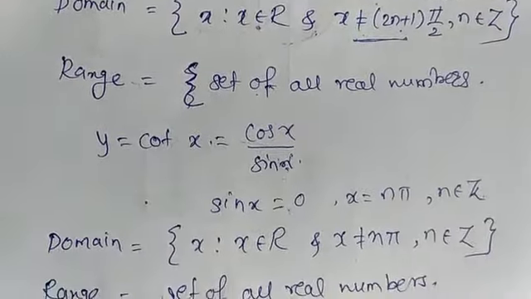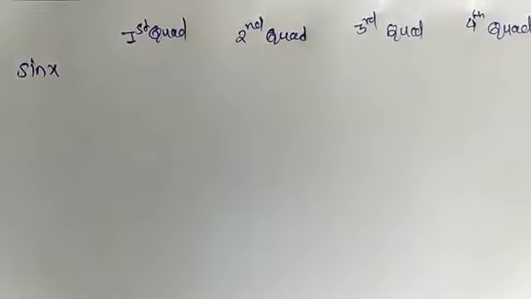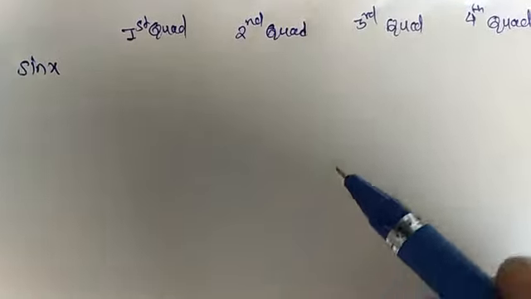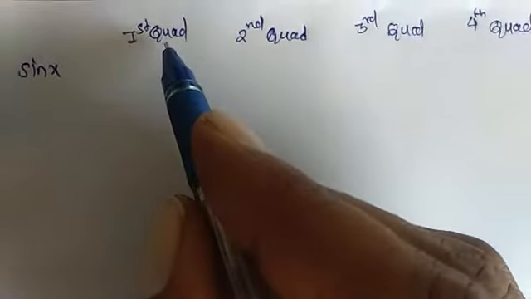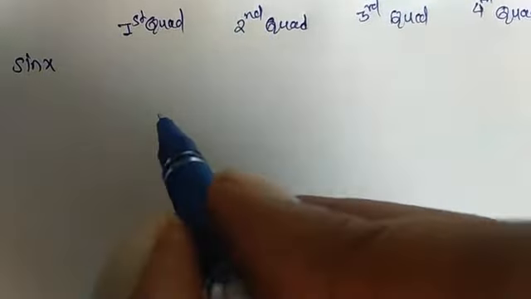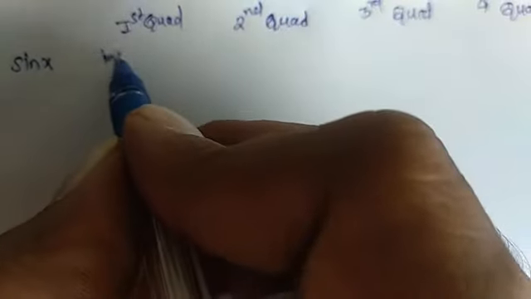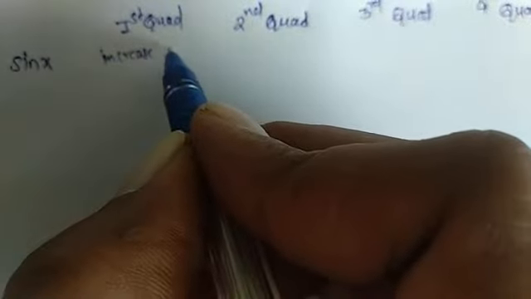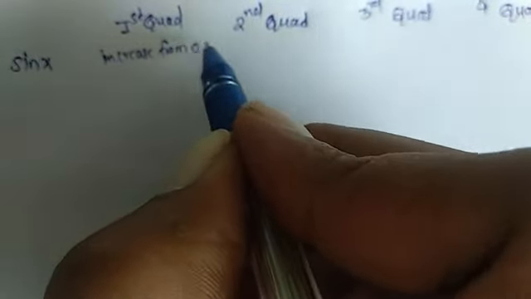Now from all the above calculations you can say that in the first quadrant the value of sin x increases from 0 to 1.